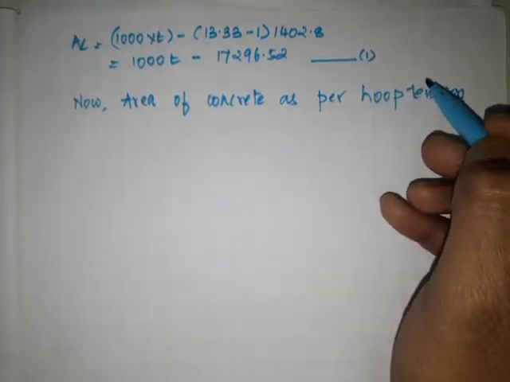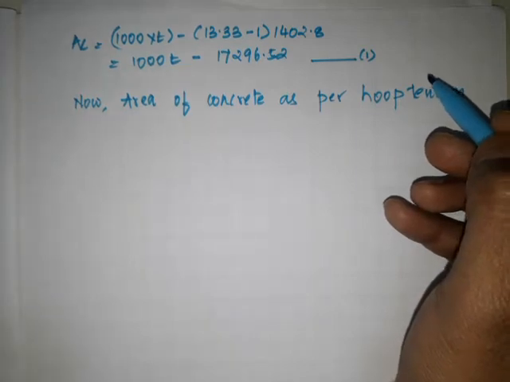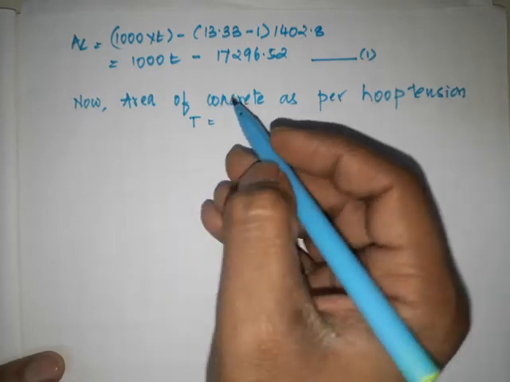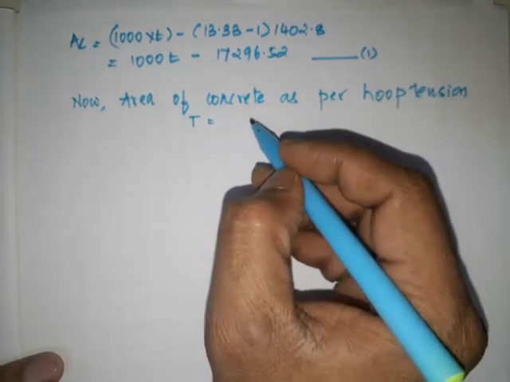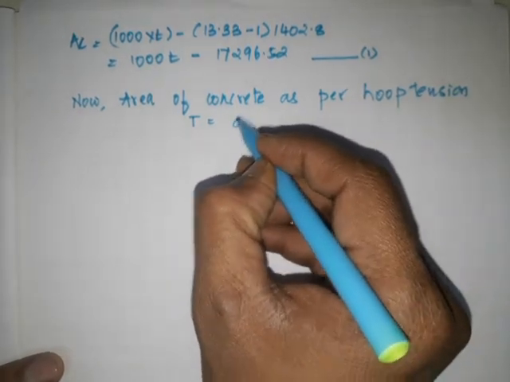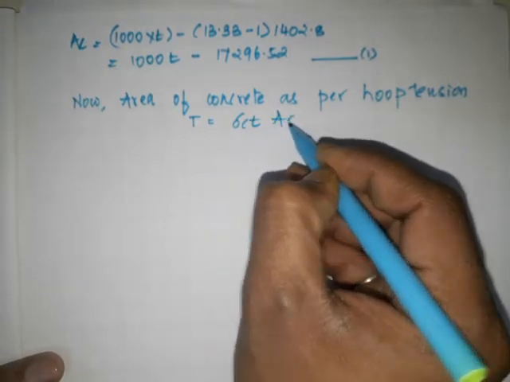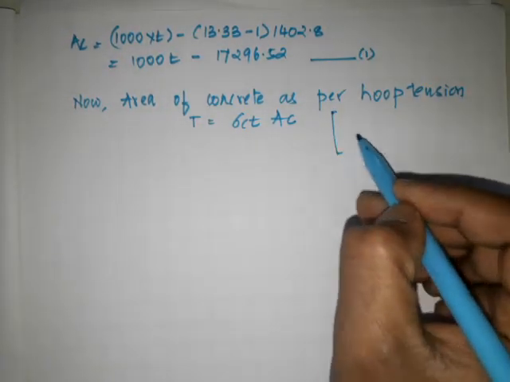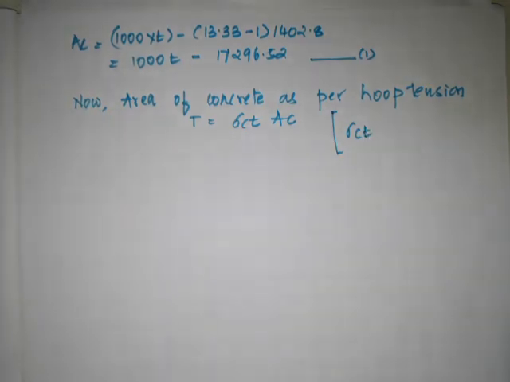Again here, T is equal to sigma CT into AC. Here again you have to refer to the value of sigma CT. Sigma CT is given again in the code, so here it is as per code.